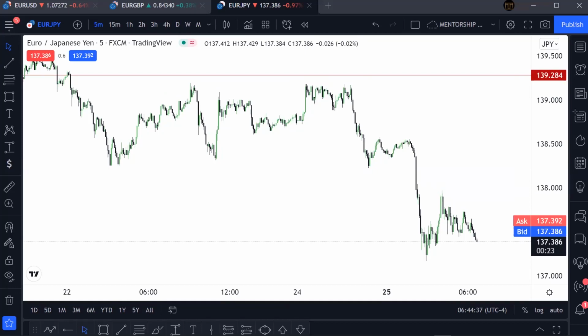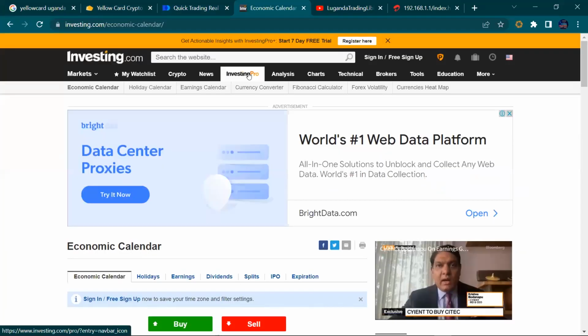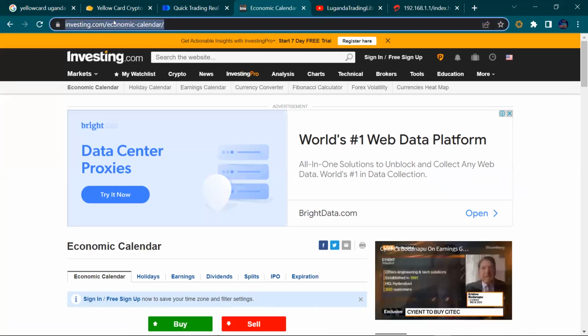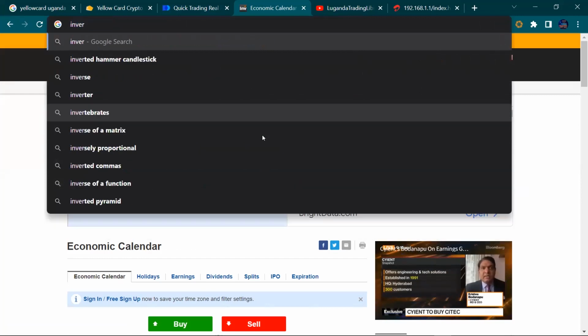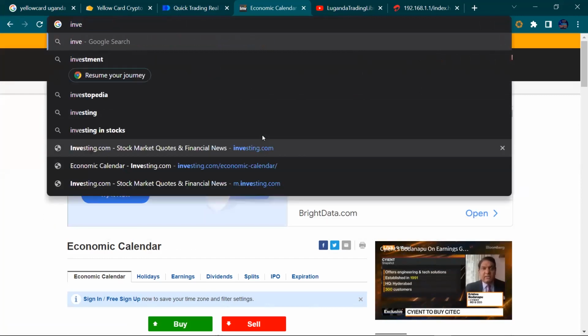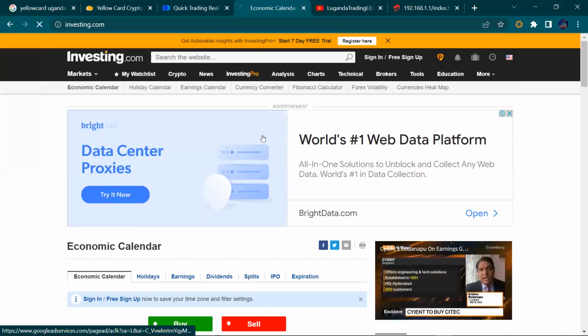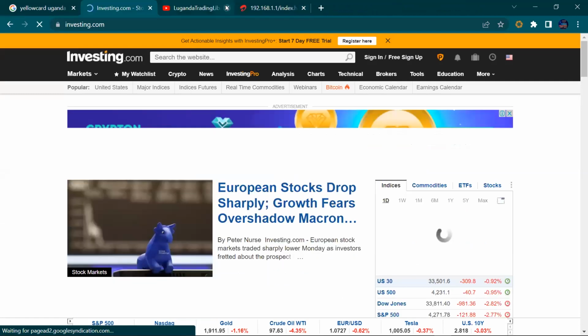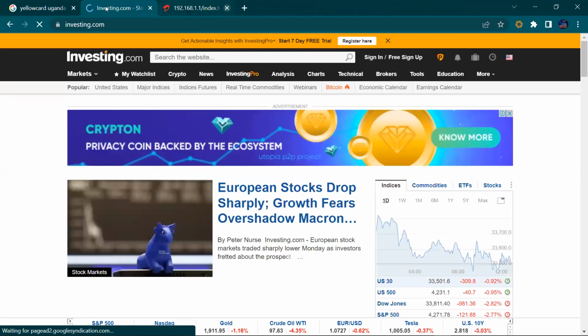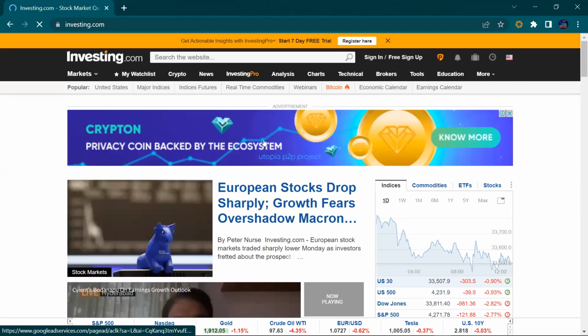Okay, so what we're going to do is you're going to come to google.com or put in investing.com, okay, investing.com. Then after investing.com, let me close these other tabs because they are not important at the moment. So investing.com, okay, this is how the website looks.